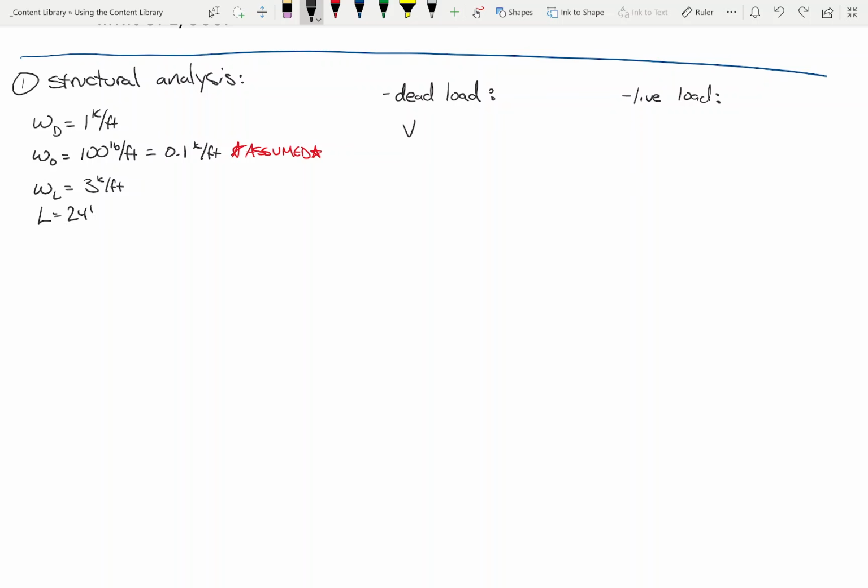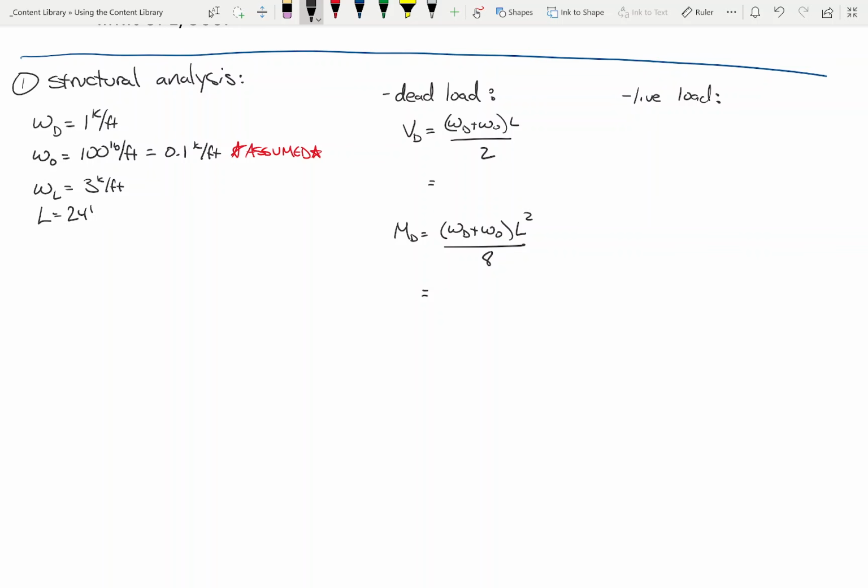So we know that the dead load shear is going to be that, and we know that our dead load moment is going to be that. Is that okay?